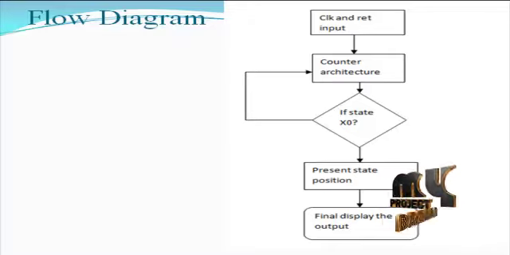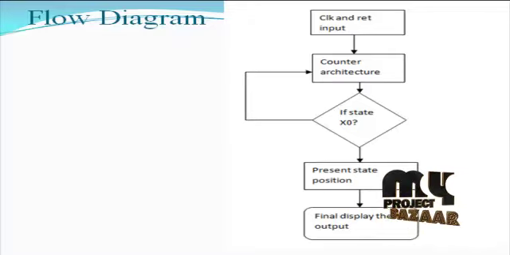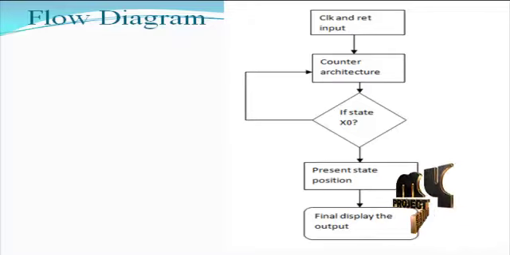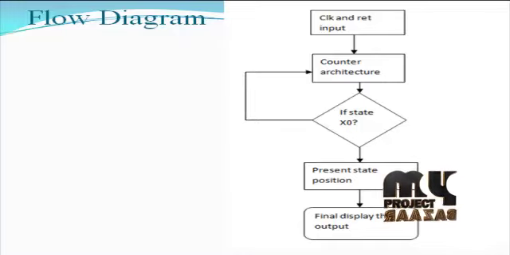Based on the counting results, the state position changes according to the counting performance and counter level. The state position is changed based on our allocation of the four side roadway traffic light process. The present state and the previous state are passed based on our overall FSM logic functions.